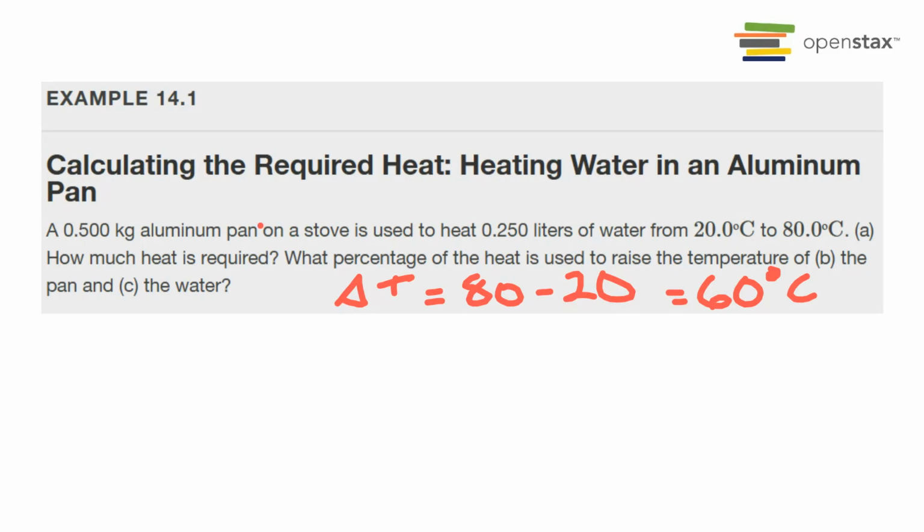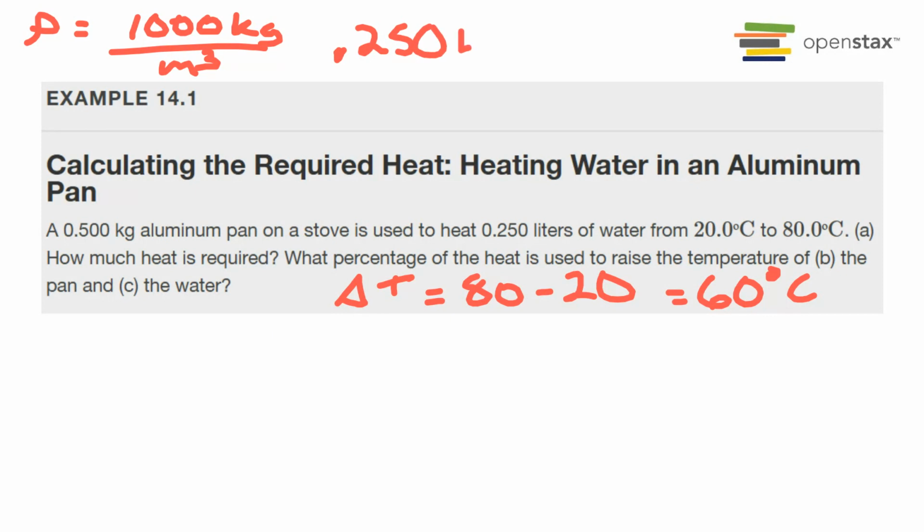Then to calculate the mass of water, remember that the density of water is equal to 1,000 kilograms per meter cubed. 1 liter of water has a mass of 1 kilogram, so 0.25 liters is about 0.25 kilograms.